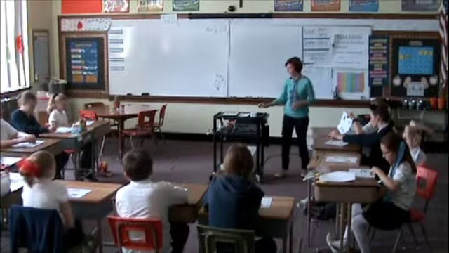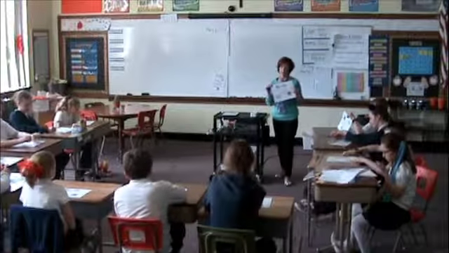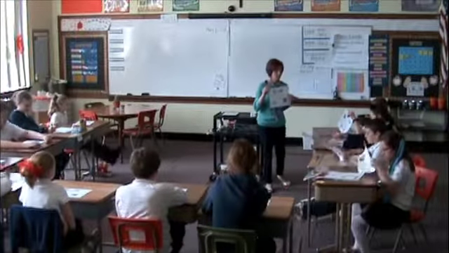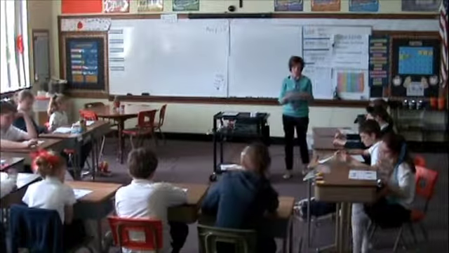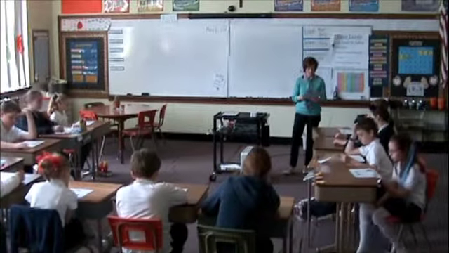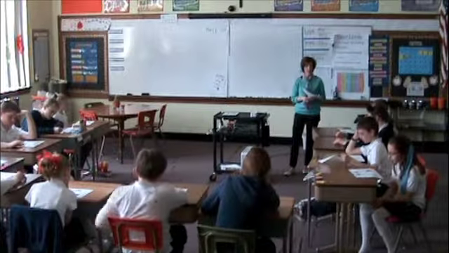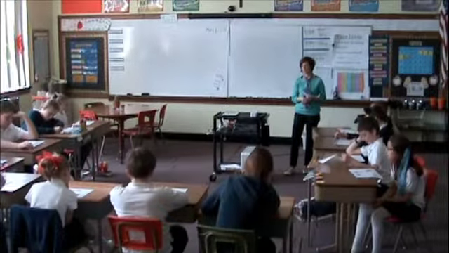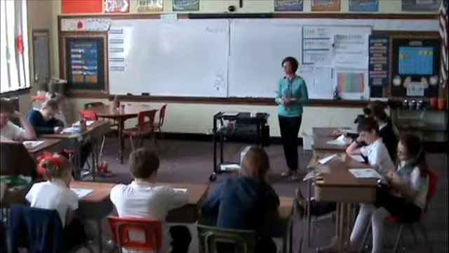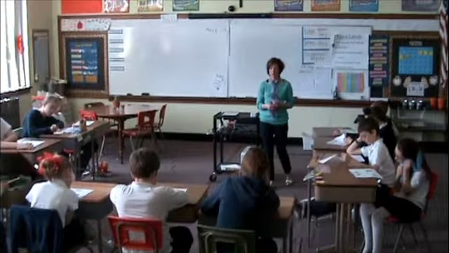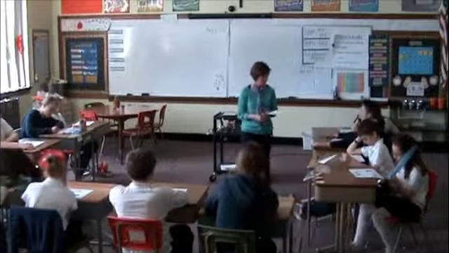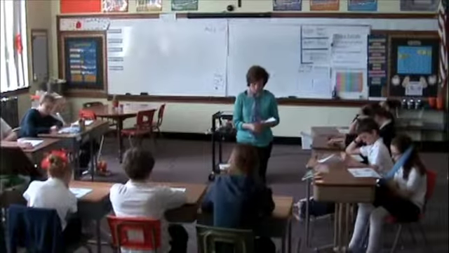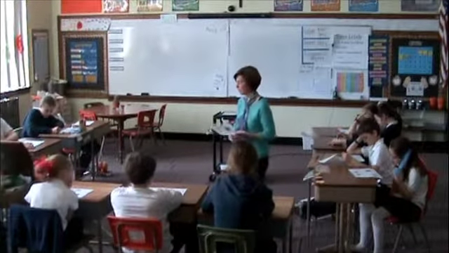Very good. Okay, on your desk you should have something that looks like this, a packet of sorts. Okay, on the front it says a simile is a comparison of two things using the words like or as. So it's comparing two different objects, or things, and it gives you an example there. As sweet as pie, or colorful like crayons.